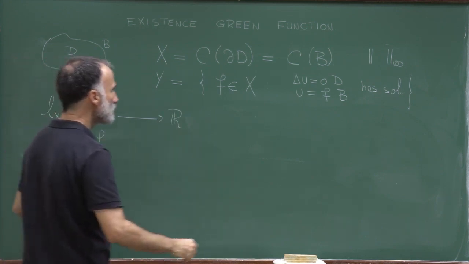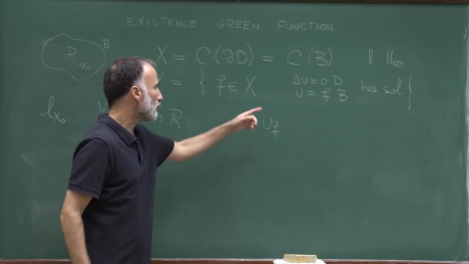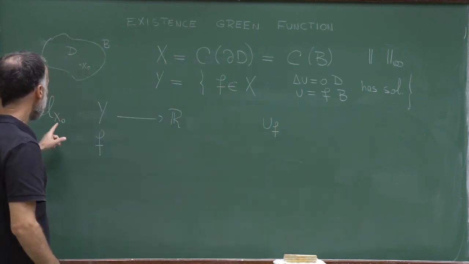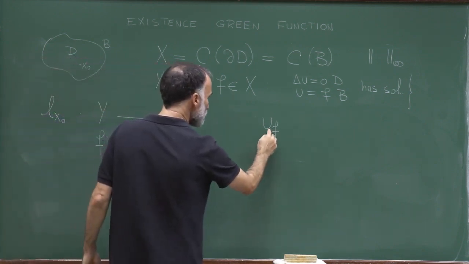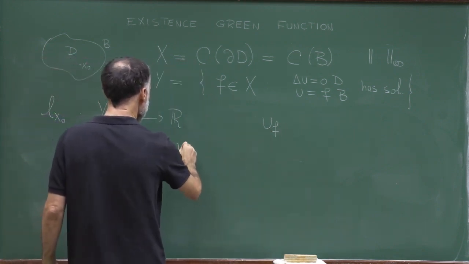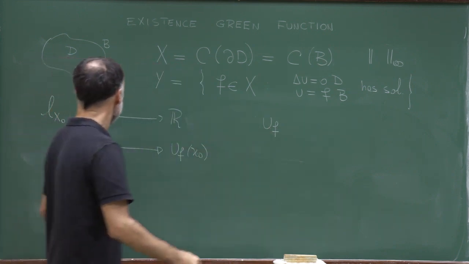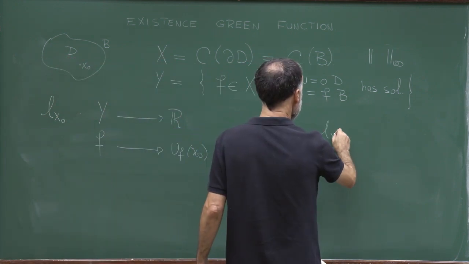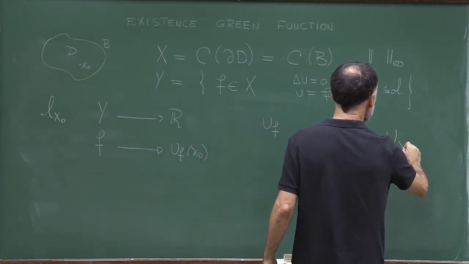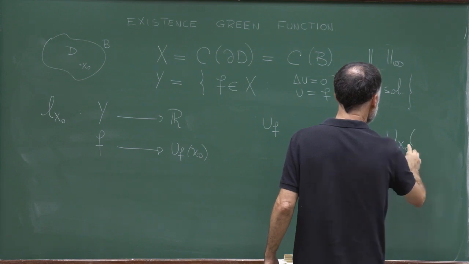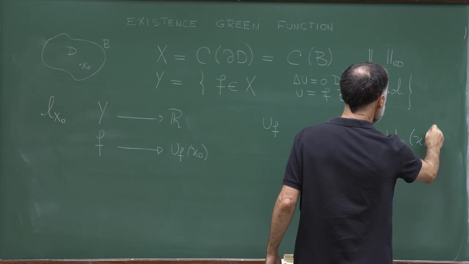So this means that there exists a solution u_f of the Laplace equation. L_{x0} of f will be the value of the solution at the point x0. So formally, L_{x0} of f is equal to u_f at x0.